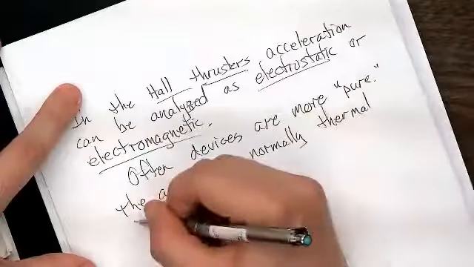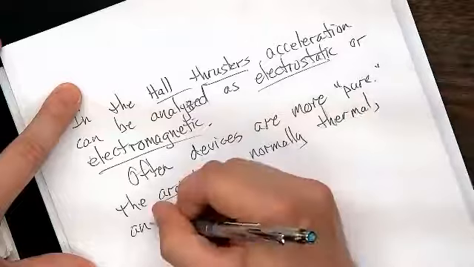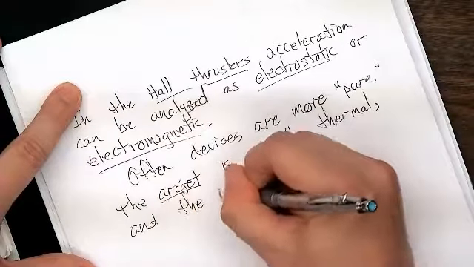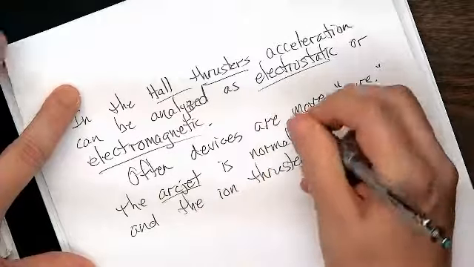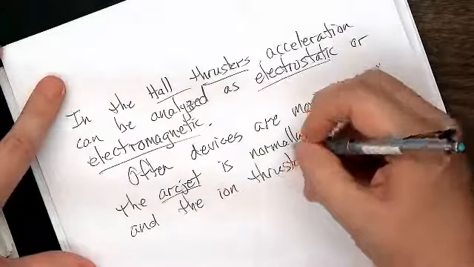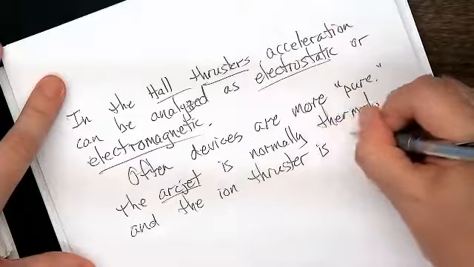And the ion thruster is essentially electrostatic.